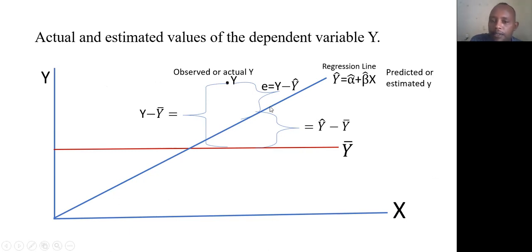The deviation of this value from the mean value of the dependent variable is called the regression deviation. And when we divide this deviation by this deviation, it gives us R squared. And the deviation of each actual value from the regression line is called the residual or error term.